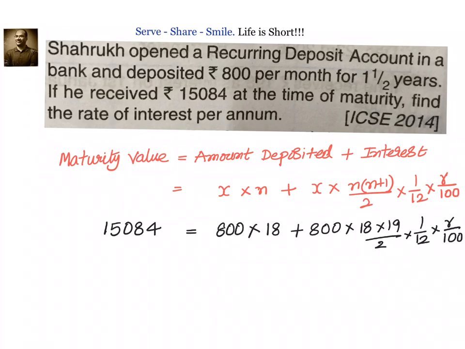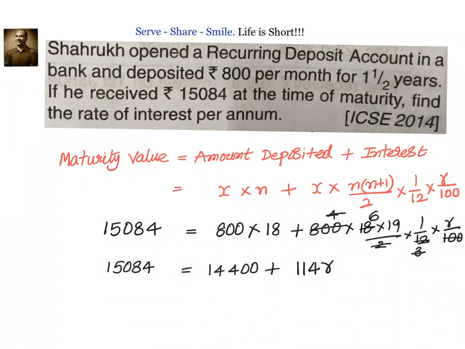So let us simplify. We will have 15,084 is equal to 18 into 800 is 14,400, plus, let us simplify here. 2 into 100, 200 will go 4 times, 4 will go 3 times, 3 will go 6 times. So we will have 6 into 19, that is 114 R.